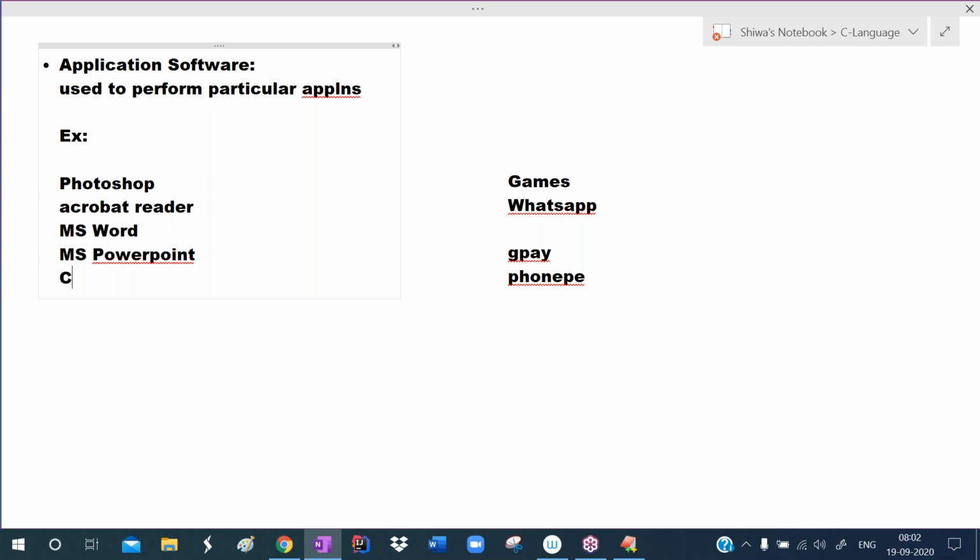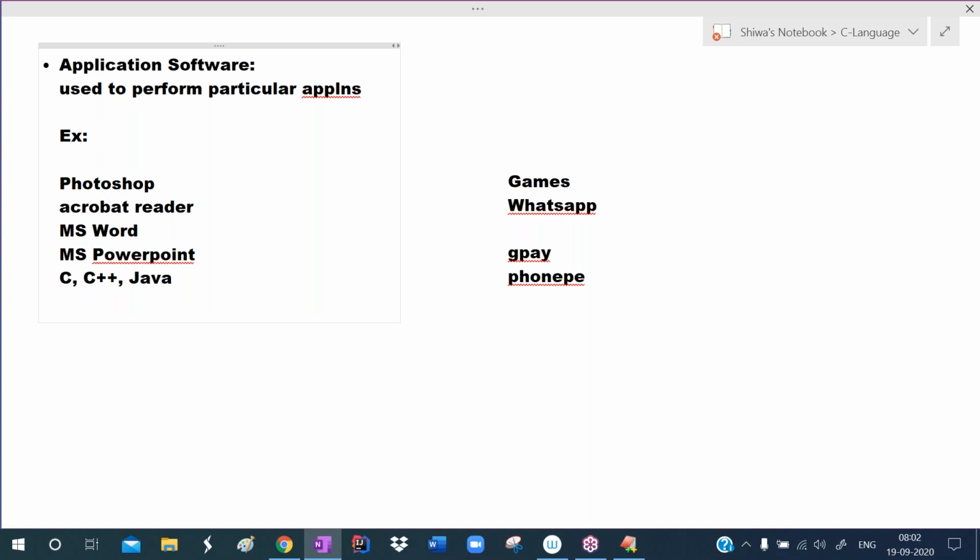The C language. To practice the C language, you install Code::Blocks or Dev-C++ or EditPlus. All those editors come under application software only. C software, C++ software, Java software, all language softwares.